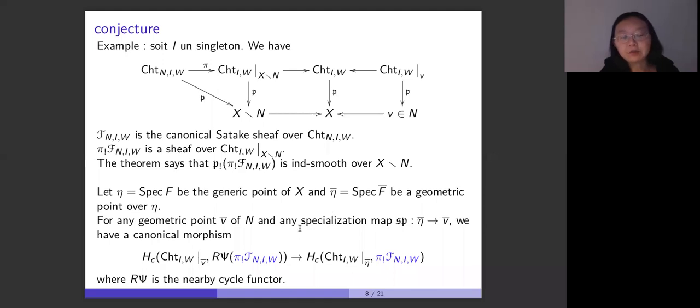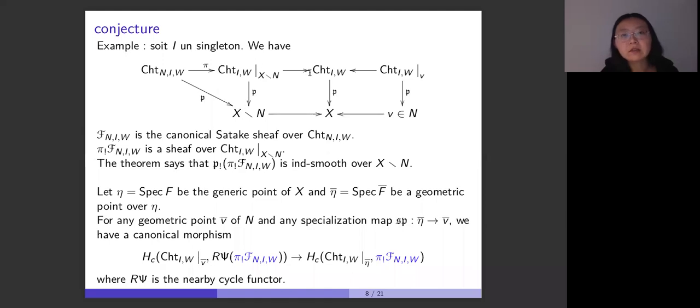For any geometric point v bar on the level, so v is a closed point in the level and v bar a geometric point, and for any specialization map, we have a canonical morphism from the cohomology with compact support of the special fiber of shtukas with coefficient in the nearby cycle.